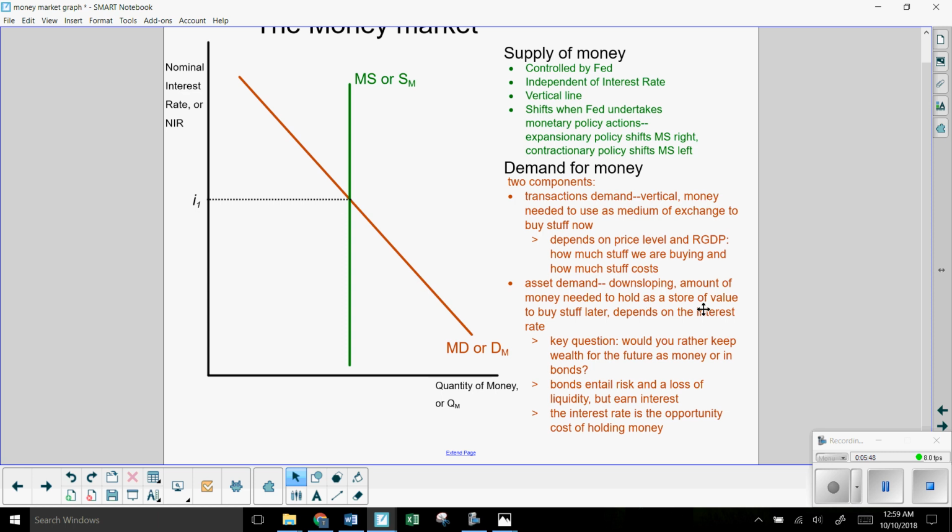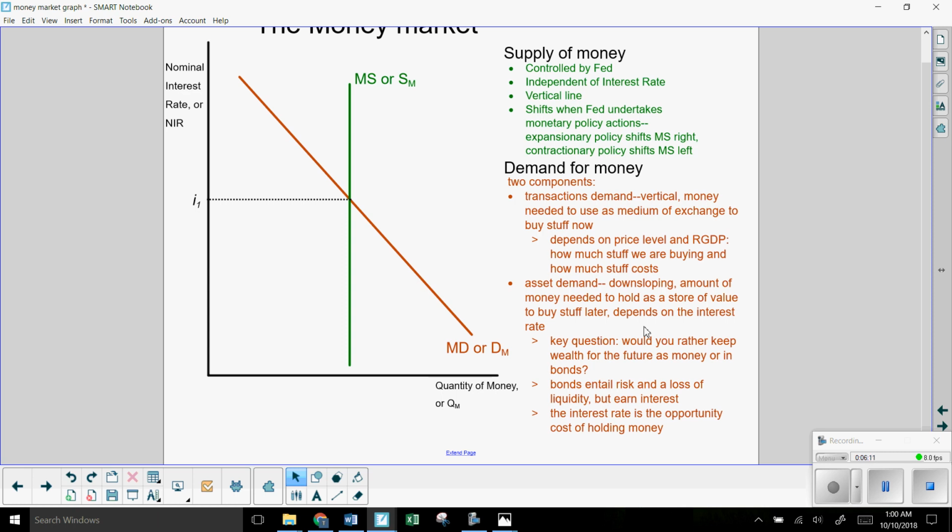So there we're thinking about why people want to hold money. In this case, they want to hold money as a store of value, so a way to preserve their wealth into the future and in a liquid form. And the amount of money people want to hold for storing it to use in the future is dependent upon the interest rate.